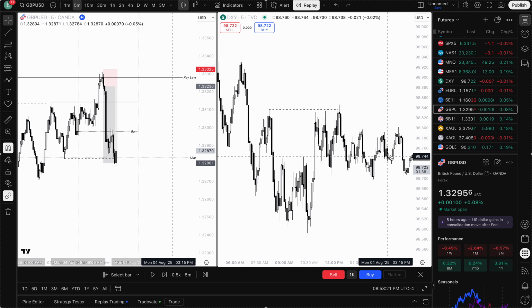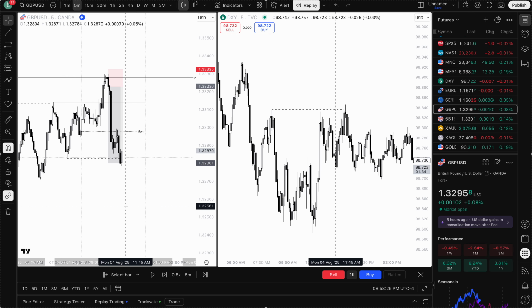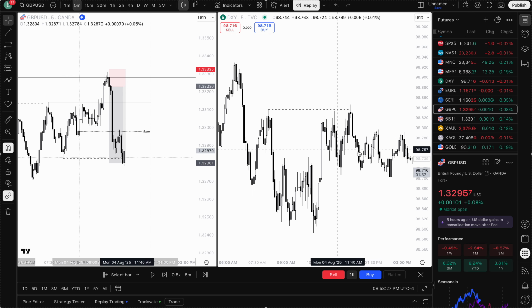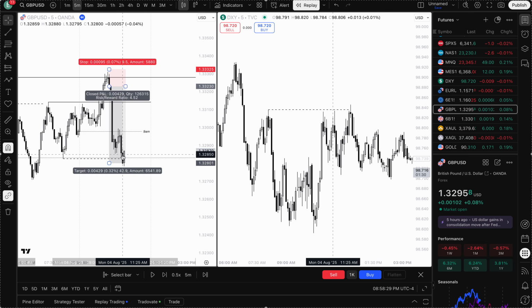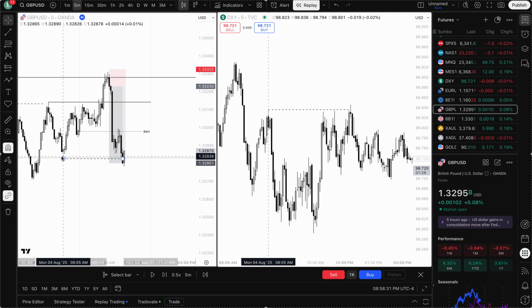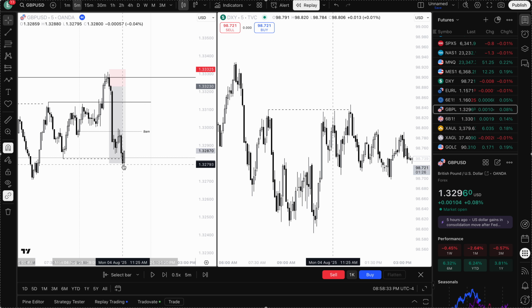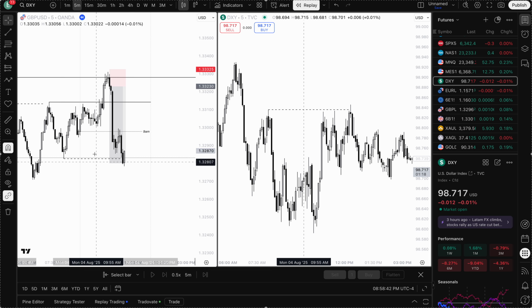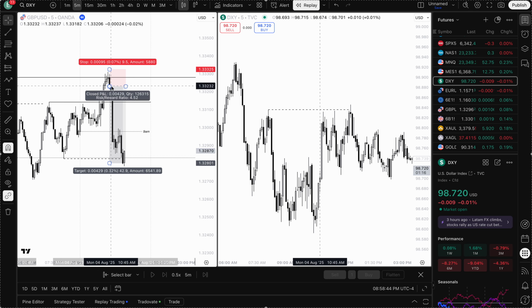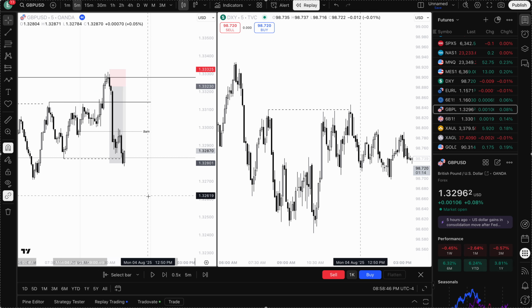So I was watching all three of these assets, euro, pound, and the dollar, to make this trade. So as this was pushing down into this liquidity, at the same time, look, right here, 11:25, it was failing to get above that high. So right there, good enough profit, big down candle, I'm out.